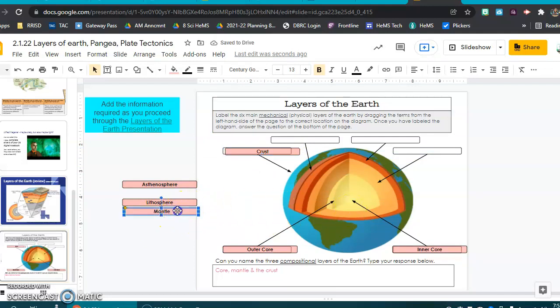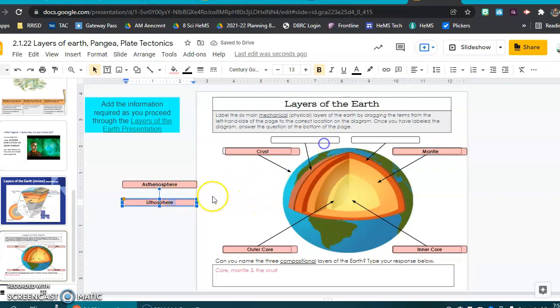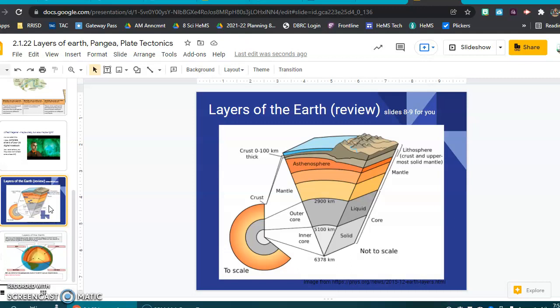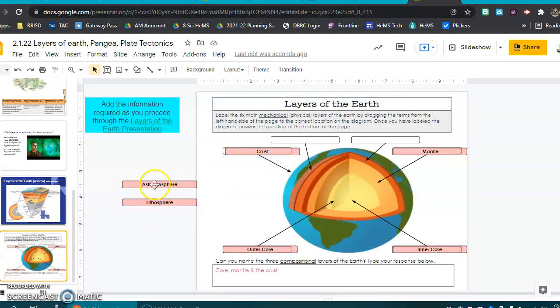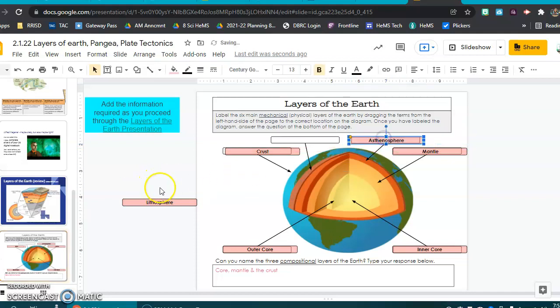And yes, that lighter orange is our mantle. And our lithosphere is, let's take a look at our drawing just to make sure. Oh, the asthenosphere. Yep. So this darker orange ring, not quite the darkest, is the asthenosphere. And here's the lithosphere.